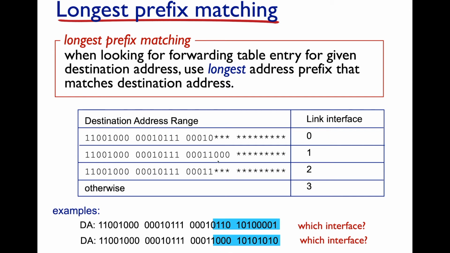But if we look at the other bits, because that is the longest prefix, instead of 21 bits it matches 24 bits, right? Because it matches more bits for the second entry than for the first entry, we're going to transmit this out of link 1, because that's the link interface associated with the match for the pattern in the second row. Okay.